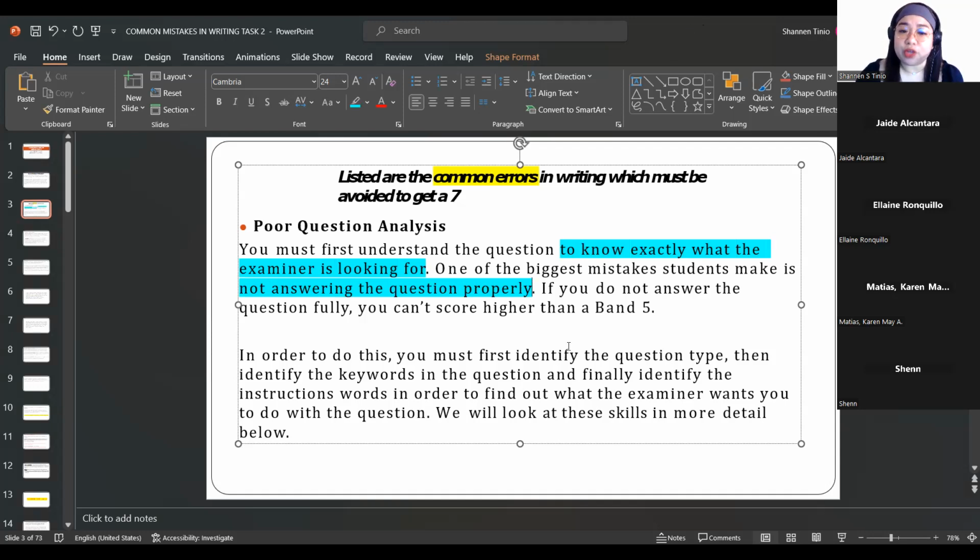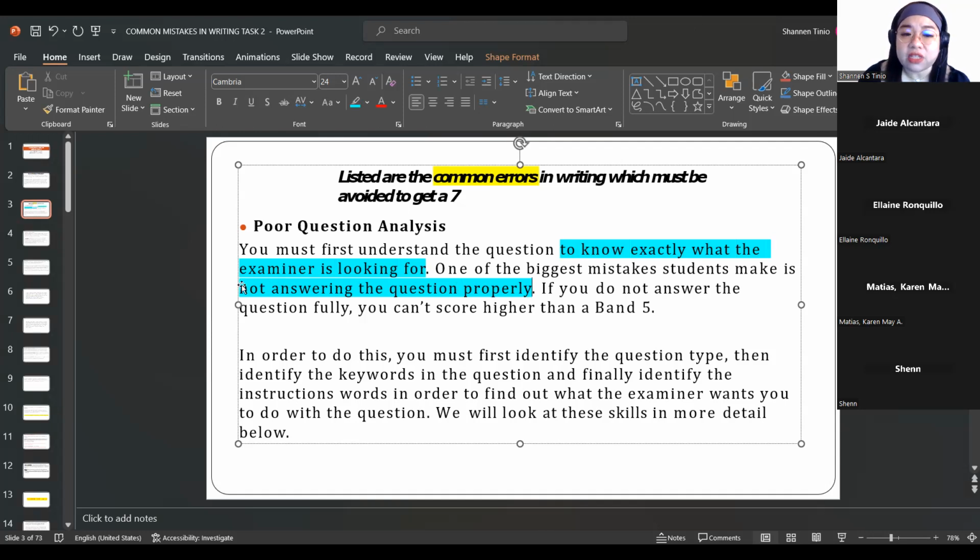I know there is always a time limit in your tests. As far as I know, you only have 40 minutes to accomplish the writing subtest. But do not take this for granted.